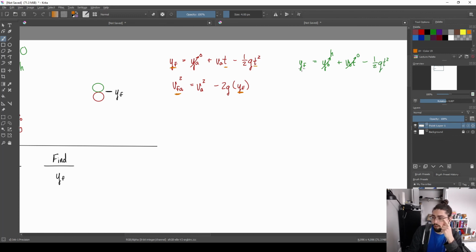I don't know y final, and I still don't know t, so that's not solvable. Okay, let me do the same thing for this one. Let me say, all right, what about this? Kind of as my last attempt here at an equation that I can just come outright and solve. Final minus initial, y final minus the initial height. I don't know this velocity, I don't know y final. None of these are solvable.